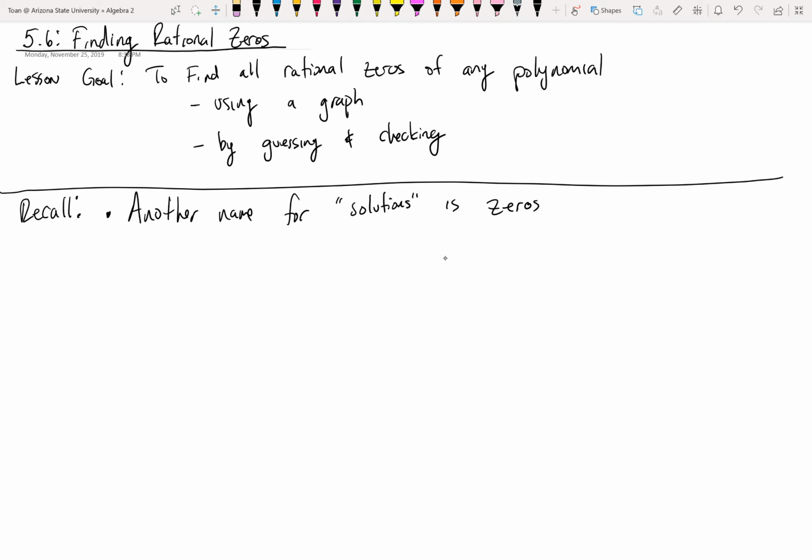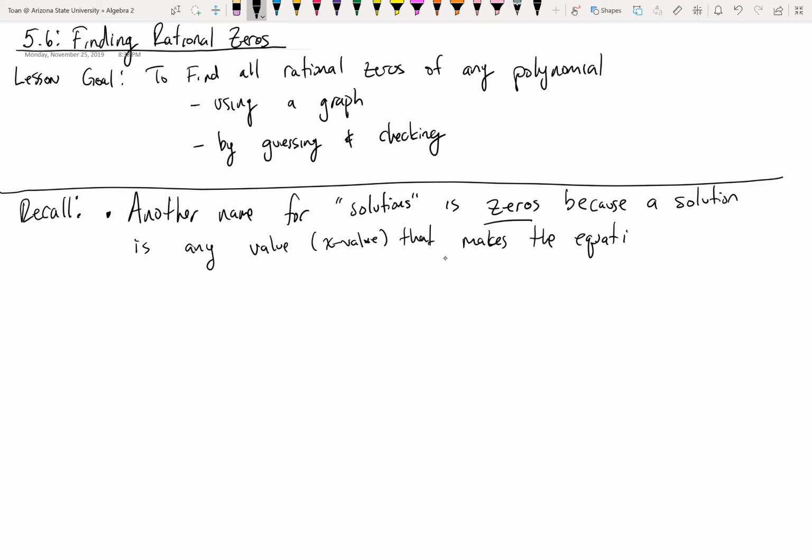The reason why we call them zeros is because a solution is any value, and we're talking about x value, any value that makes the equation equal to zero. That's literally why x values are called zeros: it makes the whole function equal to zero.